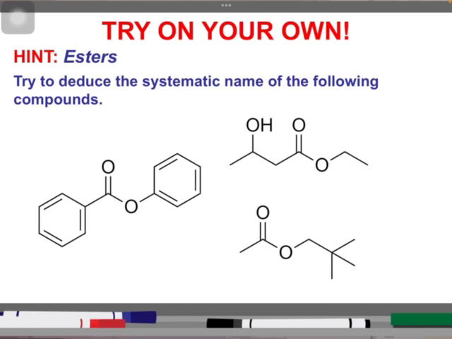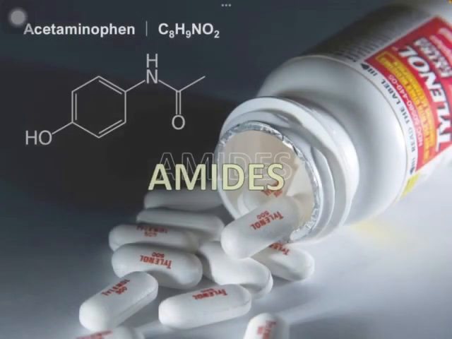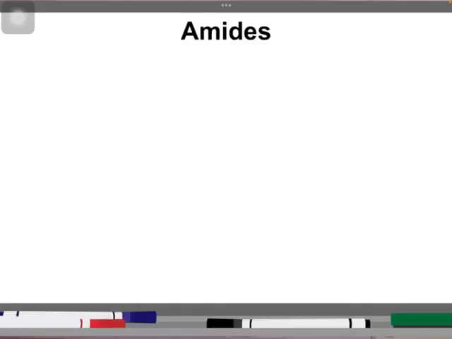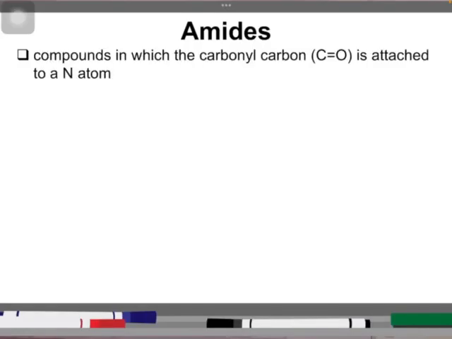So, we're down to the last topic. This one is your amides. In our cover photo, ito yung acetaminophen. Ito yung ginagamit nyo kapag masakit yung ulo ninyo. So, description lang ng amides: these are compounds in which the carbonyl carbon is attached to a nitrogen atom.